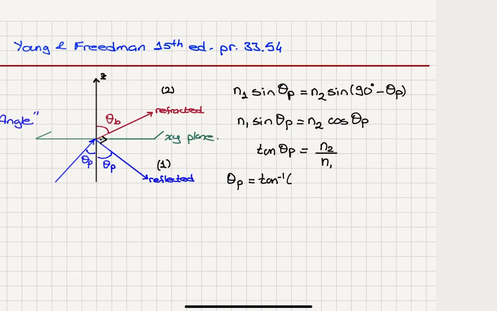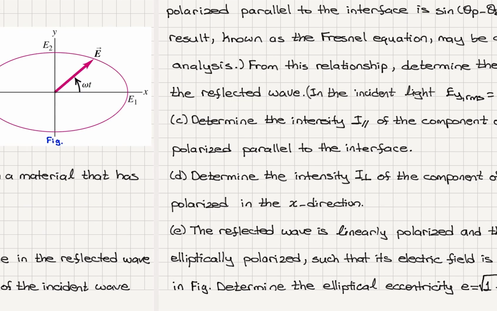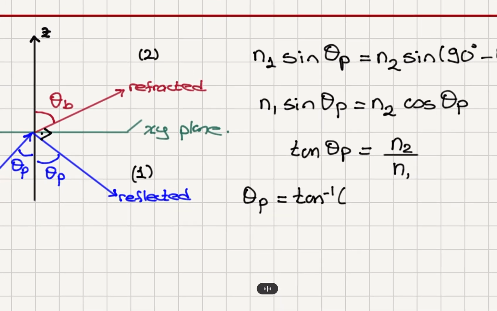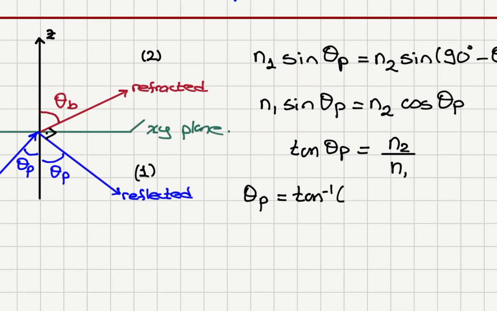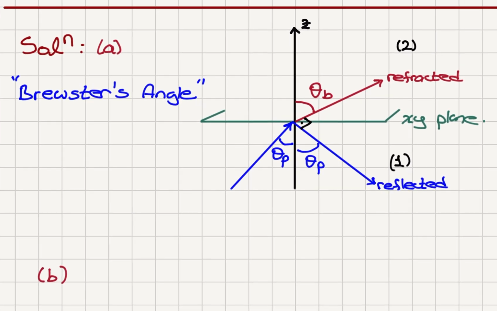So if I check the index of refraction, it's 1.62. So going from air to a material with index of refraction 1.62, we can see that this theta polarizing is tangent inverse of 1.62, which is 58.3 degrees. So knowing the polarizing angle, we can calculate the angle of refraction, which is 90 degrees minus the polarizing angle.